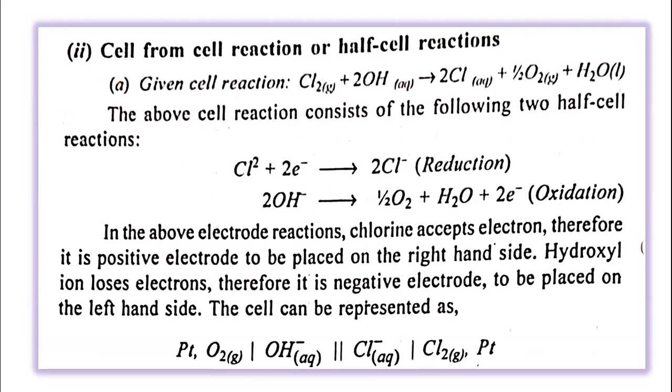If the cell reaction is given, we have to construct the cell. Now the example is given here. The net cell reaction is given, and from this net cell reaction, we have to write the cell.